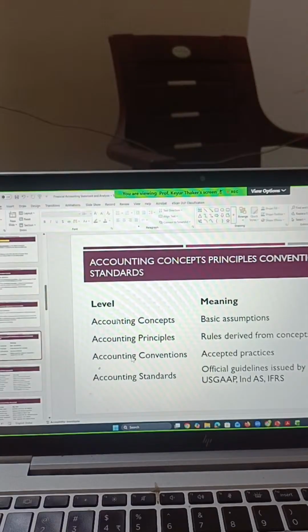We prepare based on the accounting logic provided by the accounting discipline. So first is accounting concept, wherein we prepare the financial statement based on certain assumption. क्या assumption होता है? One is company is a going concern. So suppose I have sold the product on credit, right? But I will show profit.